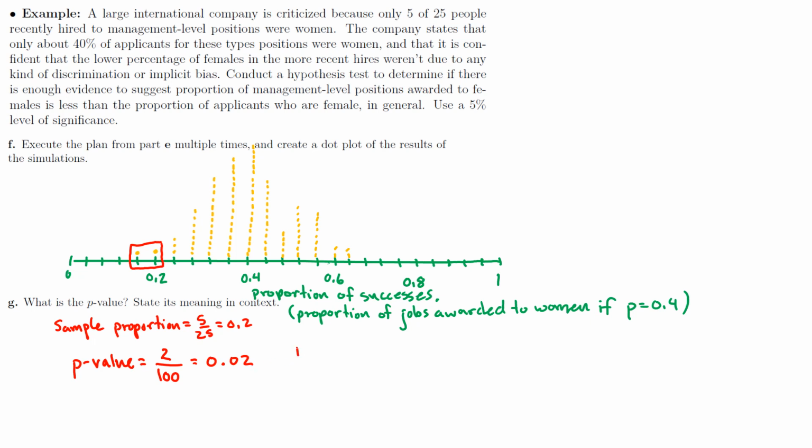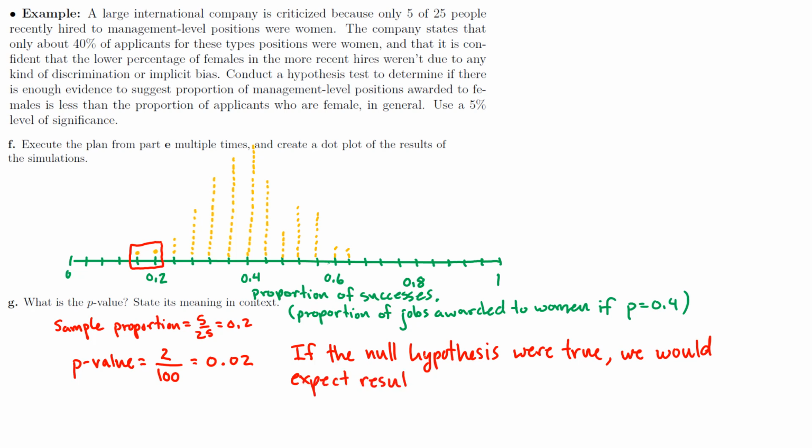So what this literally means is if the null hypothesis were true, we would expect results like our sample or more extreme results about 2% of the time.